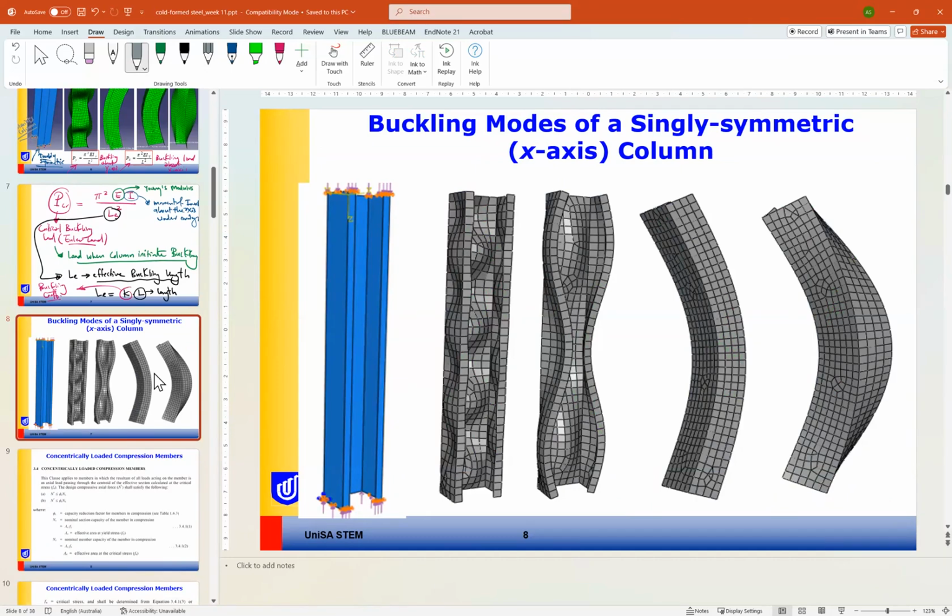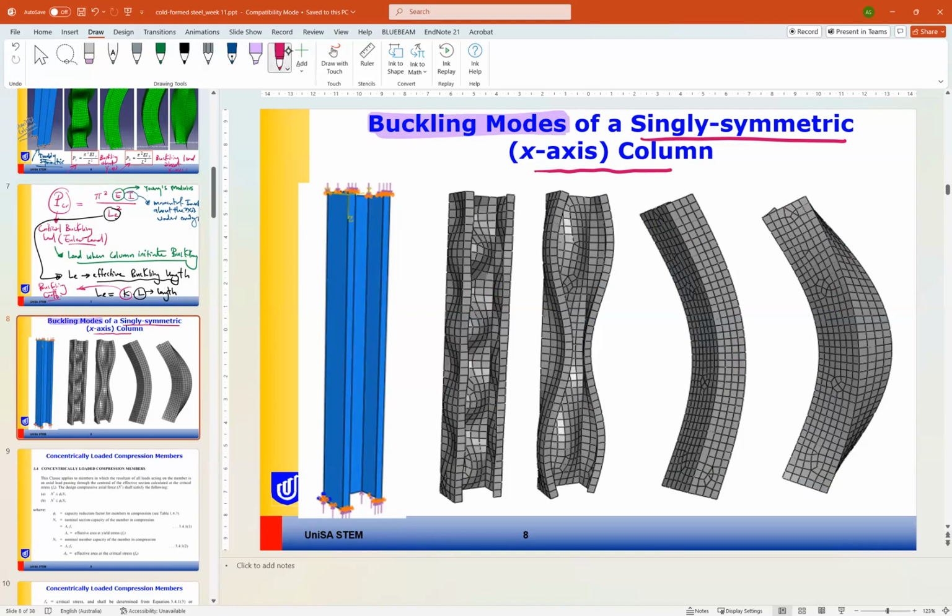Now let's have a look at buckling modes for columns that are singly symmetric about the x-axis. So we need to compare the buckling modes of this column.